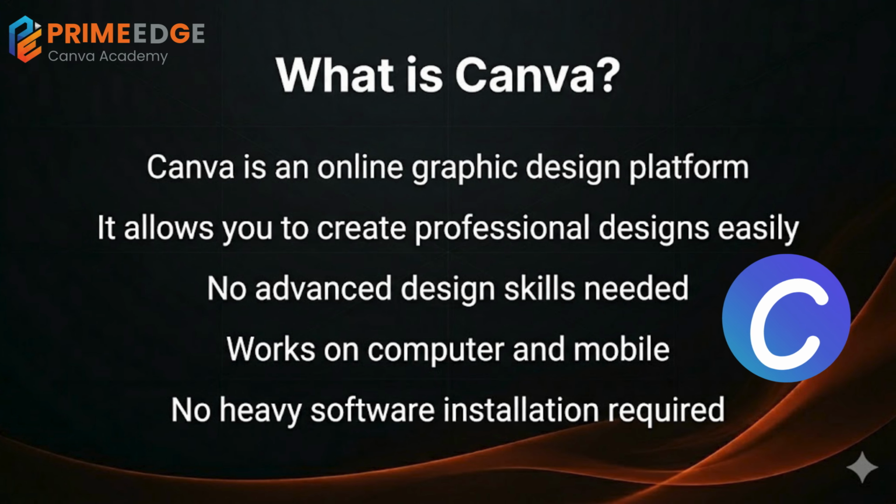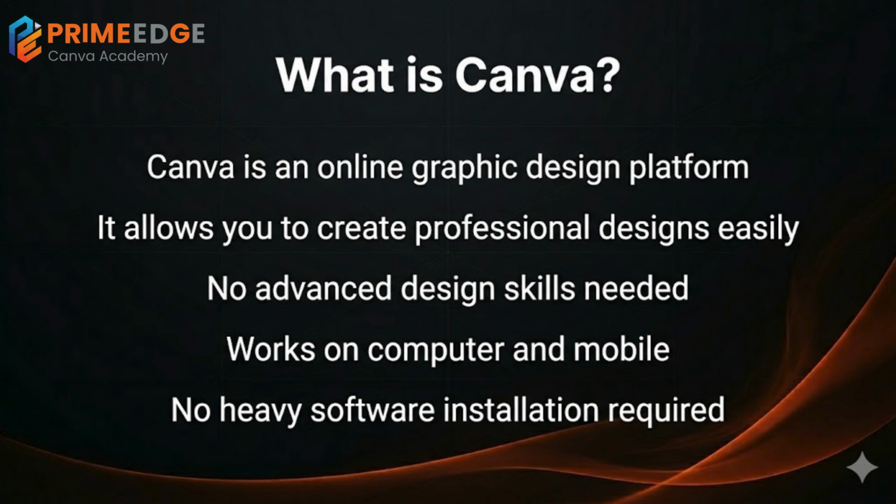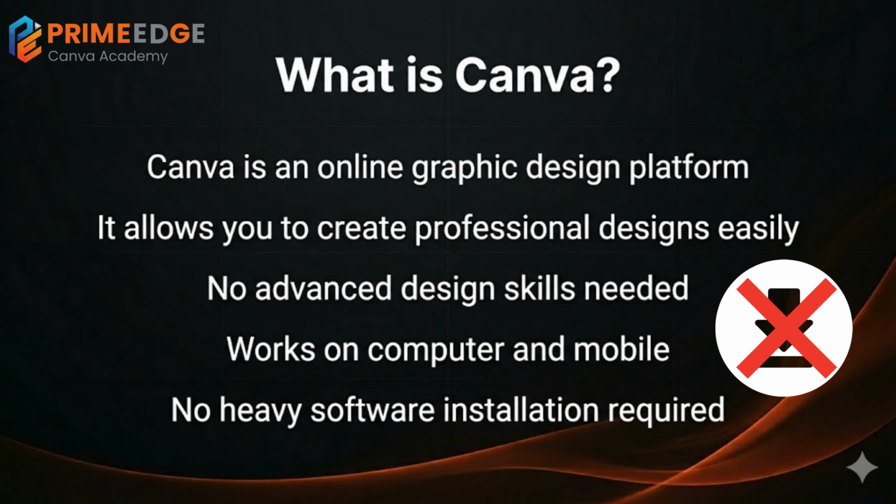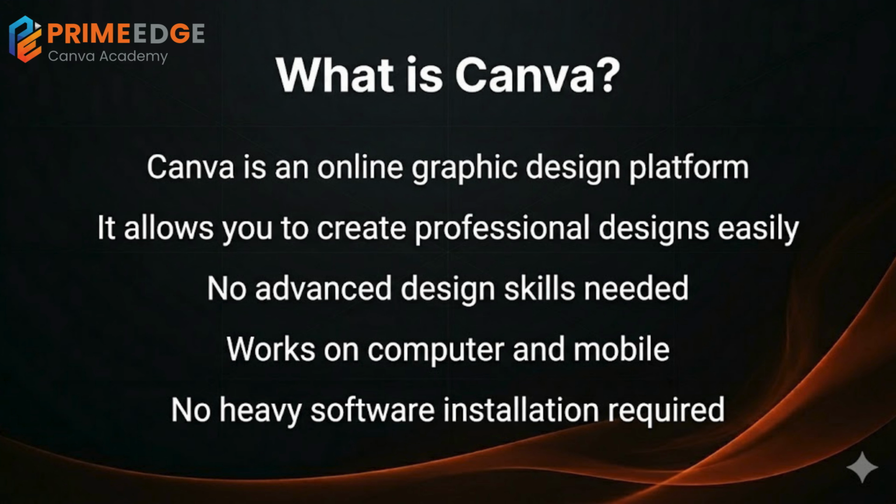What is Canva? Canva is an online graphic design platform that allows you to create professional designs easily. It is web-based, which means you do not need to download heavy software or install complicated programs on your computer. Everything works directly from your browser.